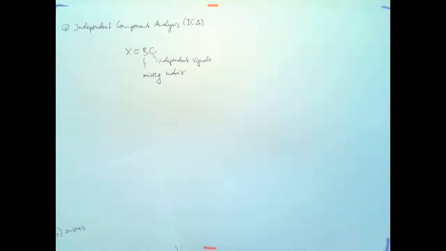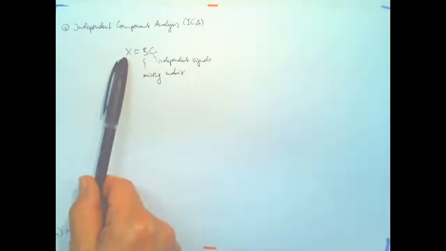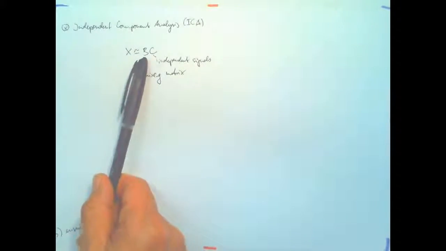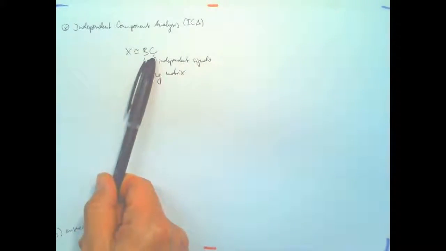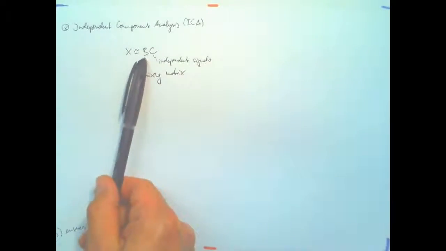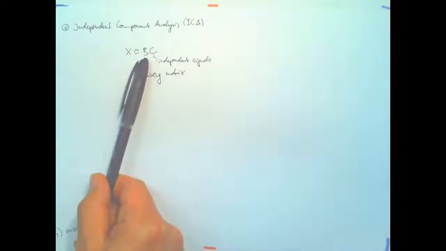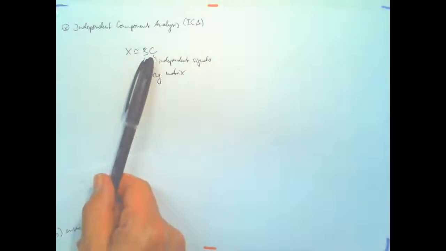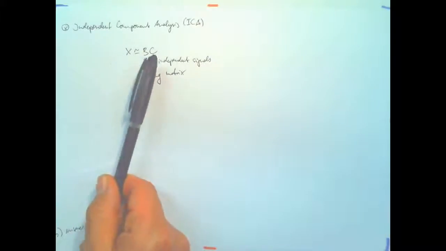So your measurements, your multiple microphone recordings, are linear combinations of the original signals, where each microphone uses different linear combination coefficients. And you now put in the assumption that the original signals were indeed independent. So you're given X, you're given this assumption, and then you try and estimate both the independent signals and this mixing matrix.